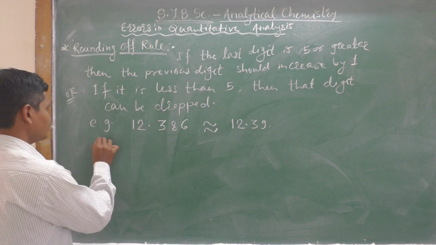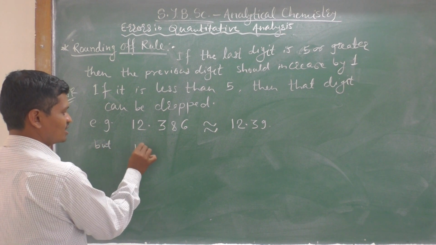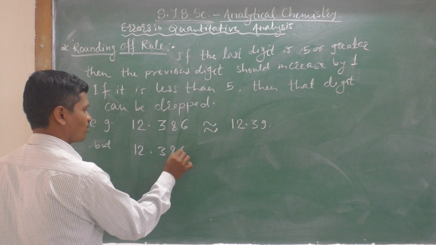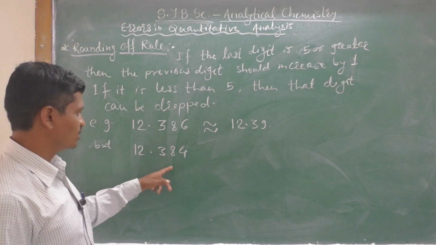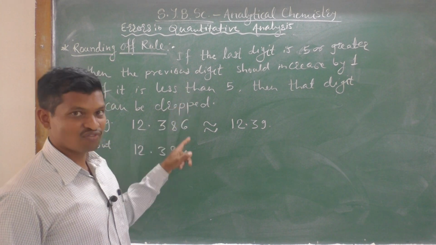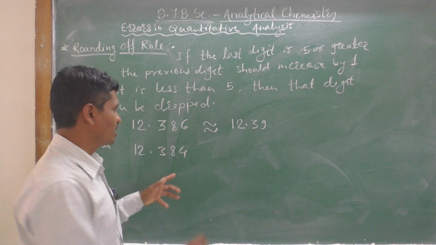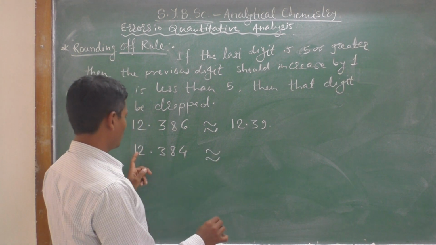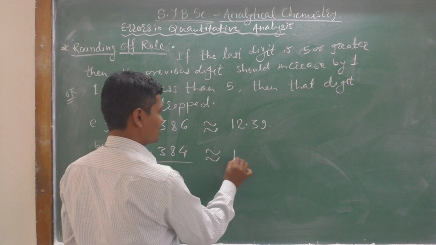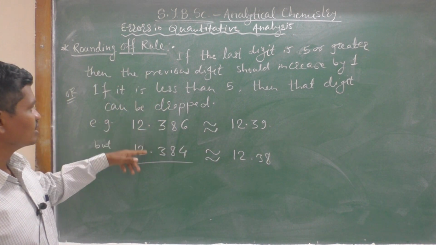But if the number is 12.384, the third digit after the decimal point is 4 and it is less than 5, so we can discard this digit, and the rounded number is simply 12.38. This is the difference between these two numbers.